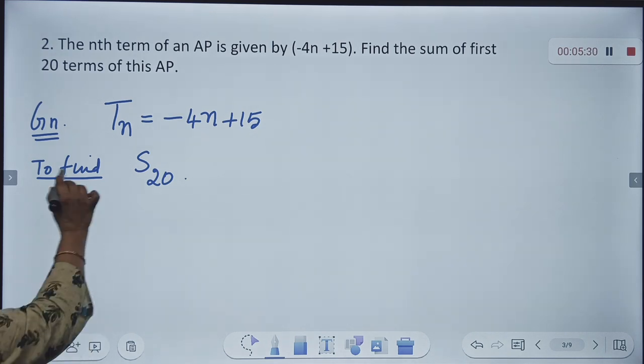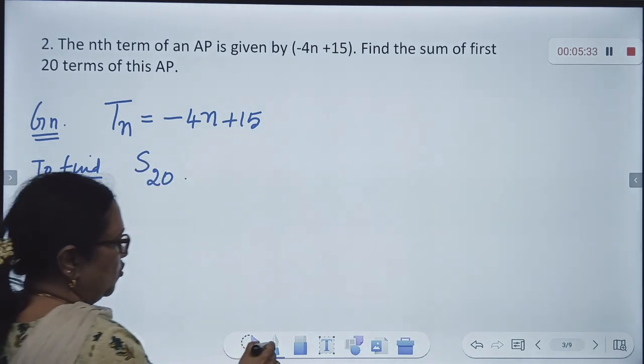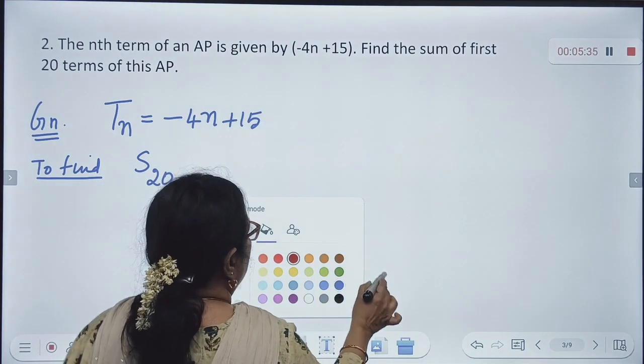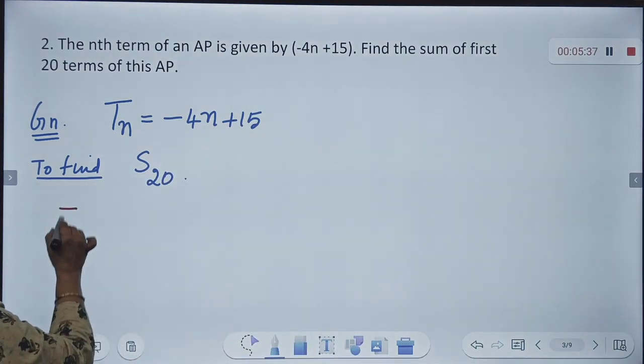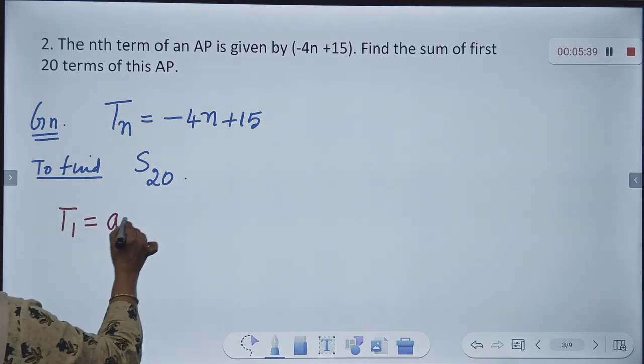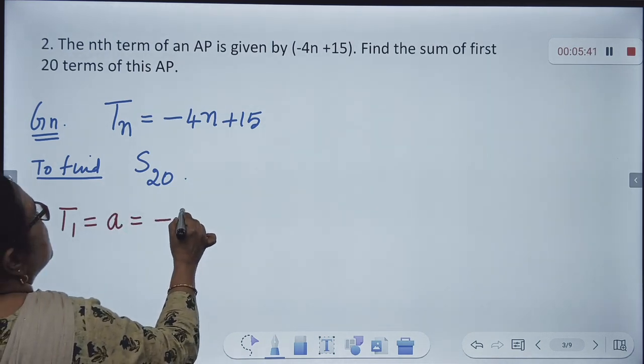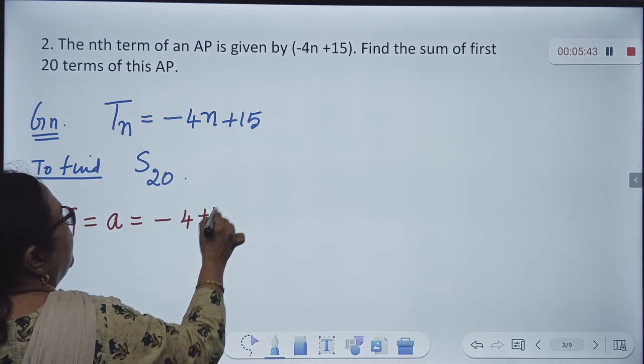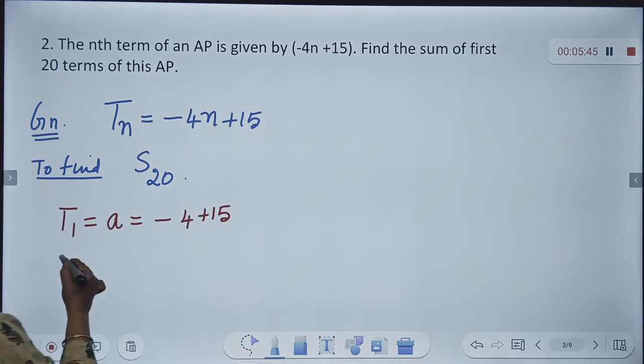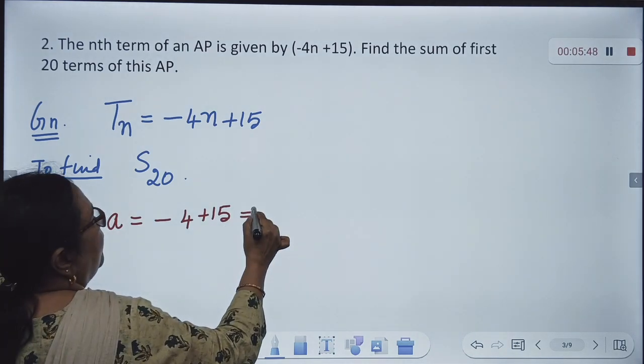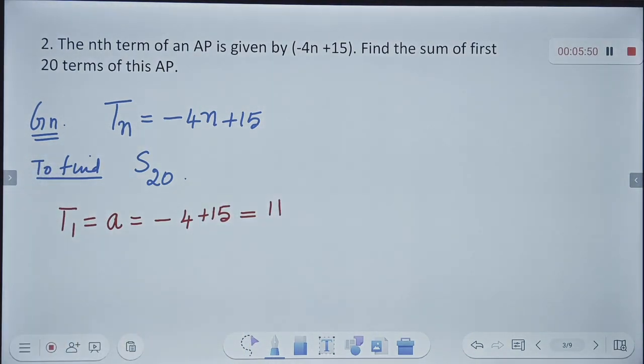Okay. Now you have a formula for Tn. So what will be T1, which is what we call A? Minus 4 plus 15, I have substituted n equal to 1. 15 minus 4, which is 11. So T1 is 11.